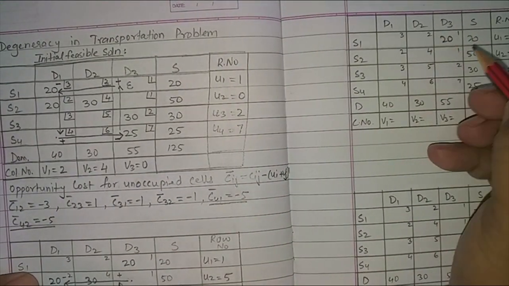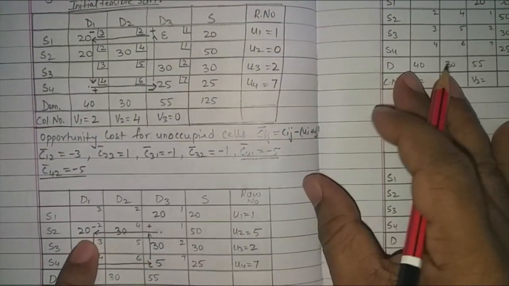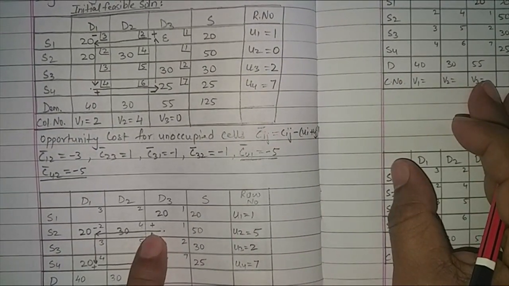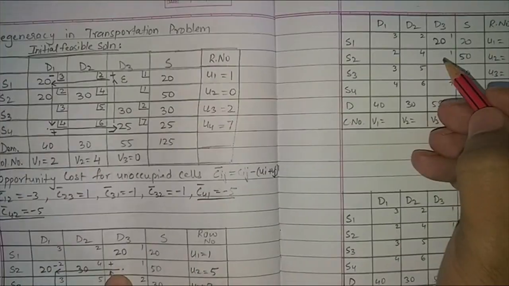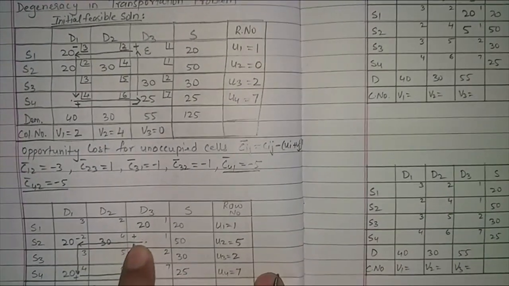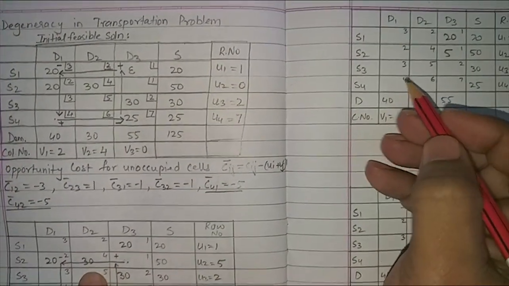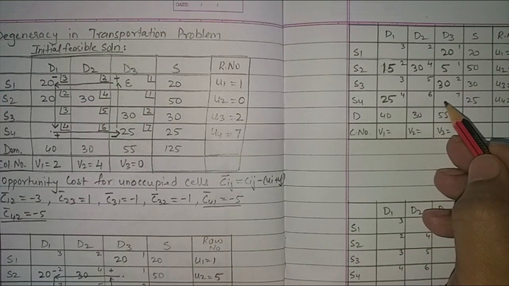I have 20. Okay, now you can see this one. We have plus here and we have to add a 5 here, so I'll add a 5 here. Fine. 30 remains as it is, so I'll put 30 here. 5 will give me 0, so no need of doing any allocation in this cell.